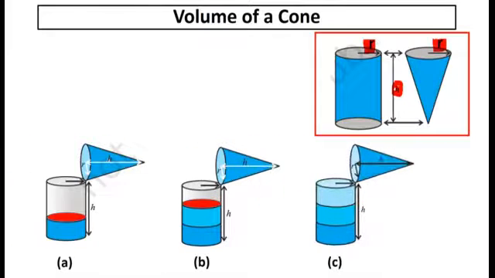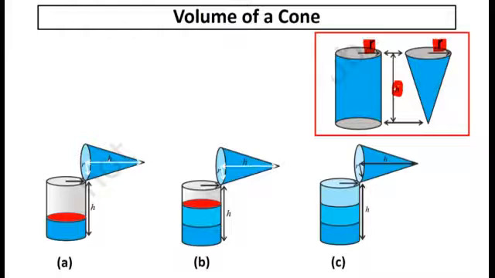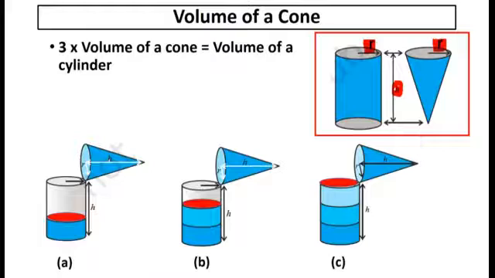So for the third time, as shown in figure C, the cone has again been filled with water and emptied into the cylinder. This time it has been observed that the cylinder is completely filled. So with this experiment, it has been concluded that 3 into volume of a cone is equal to volume of a cylinder.